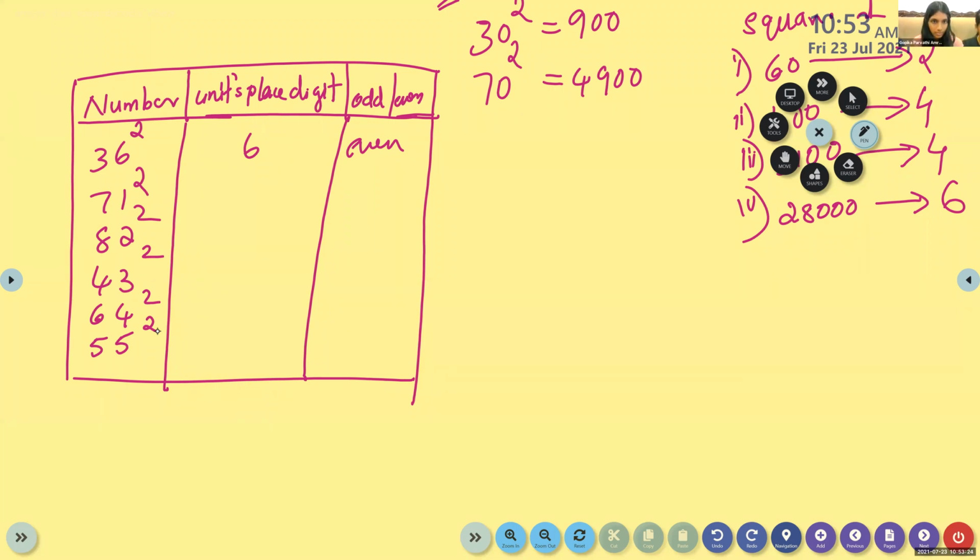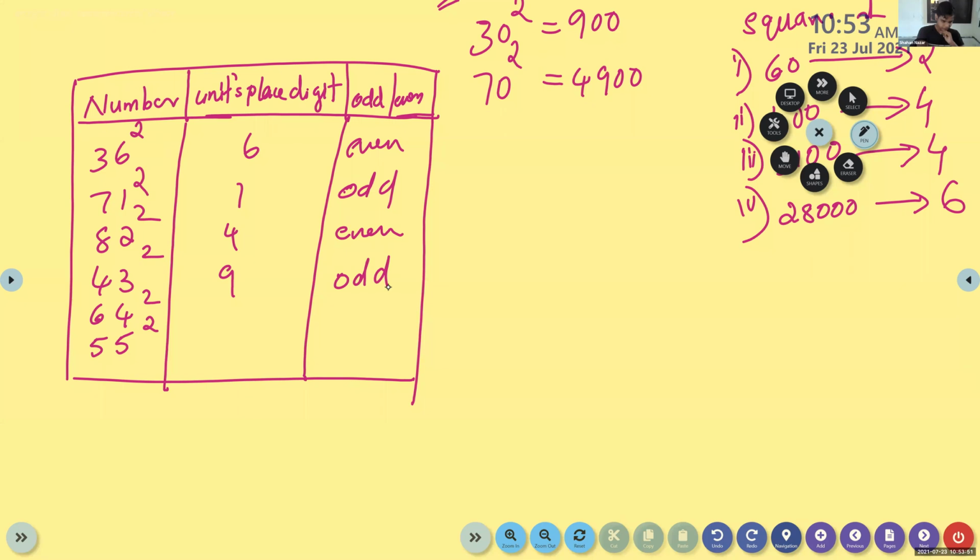Completed. Ma'am, 2. Second question, 171 square. Unit place is 1. So it is odd. Good. Here 82 square. Unit place is 4. So it is even. 43 square. Unit place is 9, and it's odd.